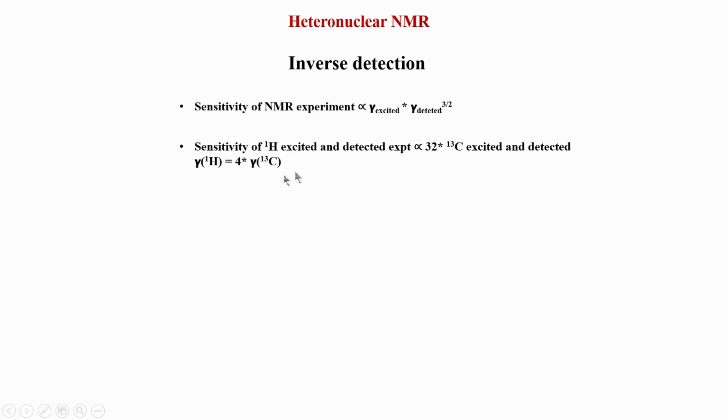You can see some numbers calculated here. For the sensitivity with proton excited, suppose I put gamma of proton and gamma of carbon here. Compared to that, if I put carbon-13 here and here, that means I excite carbon-13 and also detect carbon-13, that would be 32 times less sensitive compared to proton excitation and proton detection.